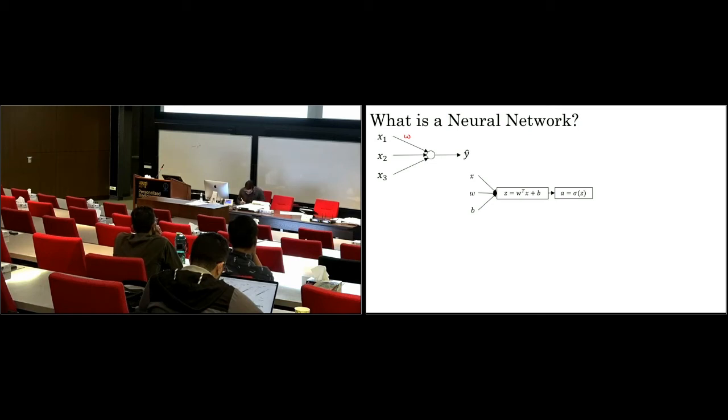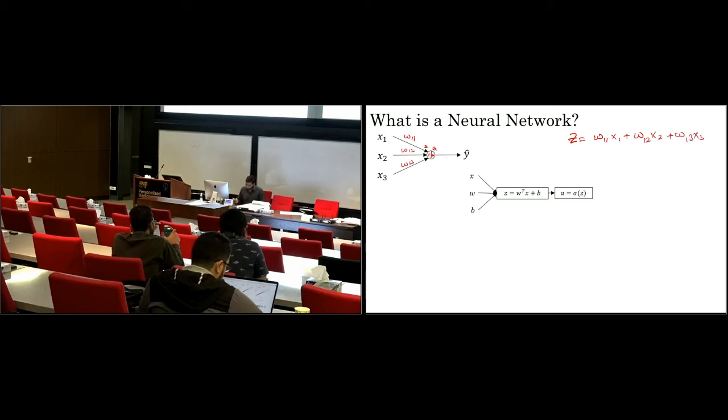So you have weights W11, W12, W13. Okay, you add them up and you pass them to some nonlinearity. So the output here, let's say I call it Z and this A. So what is Z? Z is W11 times X1 plus W12 times X2 plus W13 times X3.